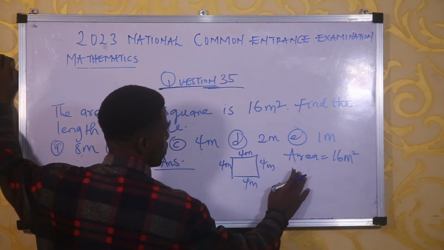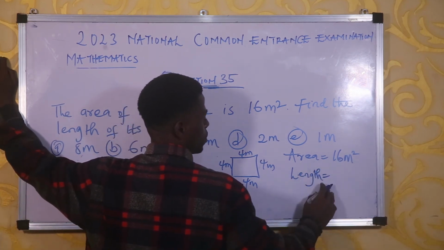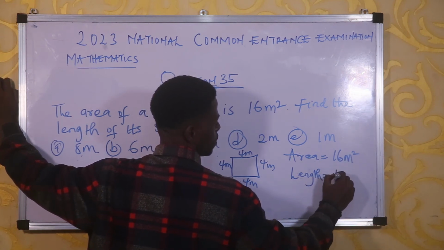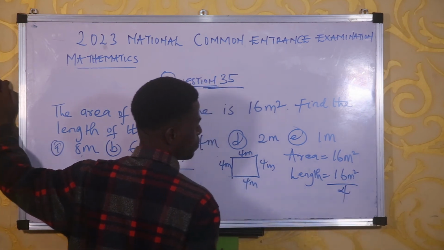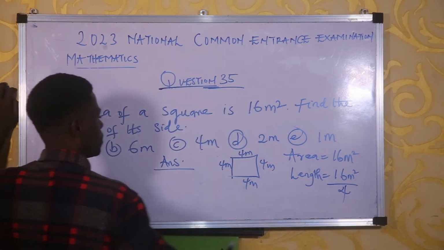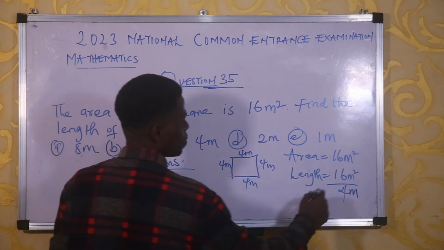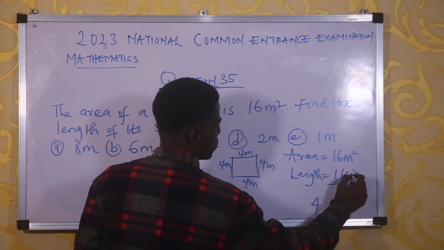To get our length, that's 16 meters squared divided by 4 meters. Take note of that. So 16 divided by 4 will give us 4.